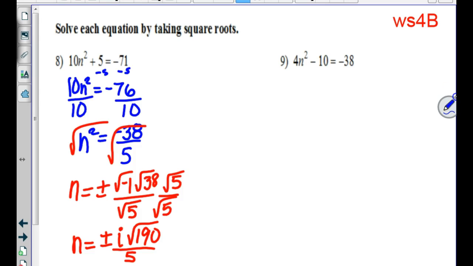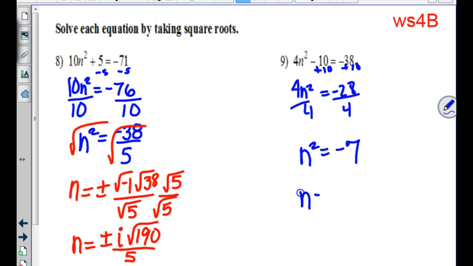Can you try this one on your own? I'm thinking it's better. Is it better? Am I right?